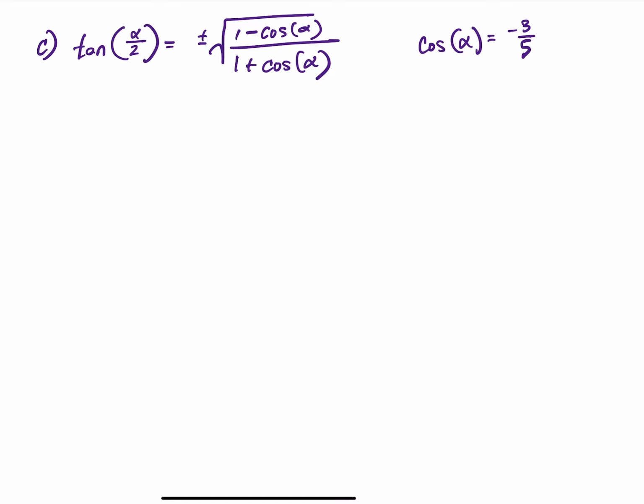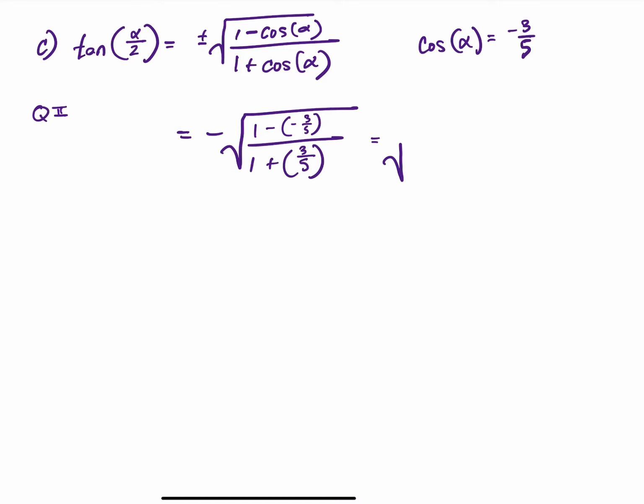So let's plug everything in, and we are still in quadrant 2 for alpha over 2, so the tangent should be negative. So negative square root of 1 minus negative 3/5 over 1 plus 3/5. So let's get rid of that double negative.